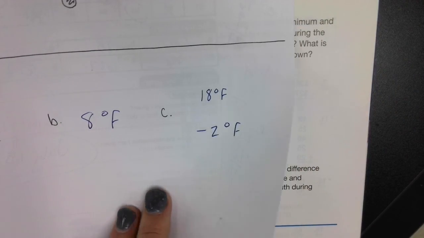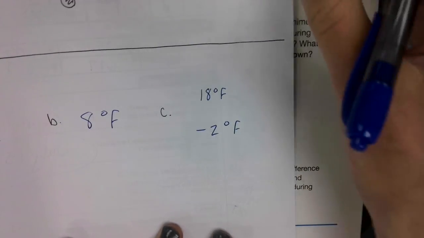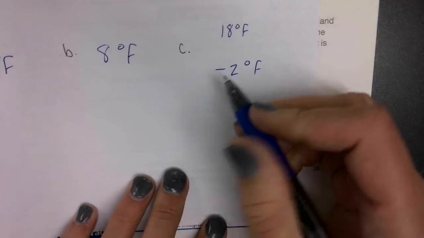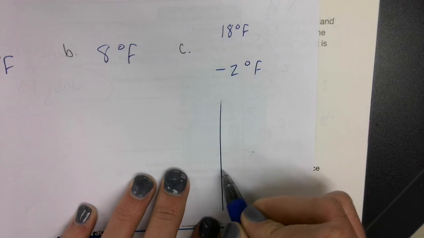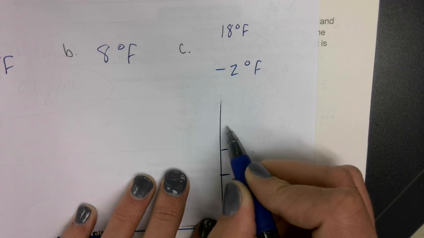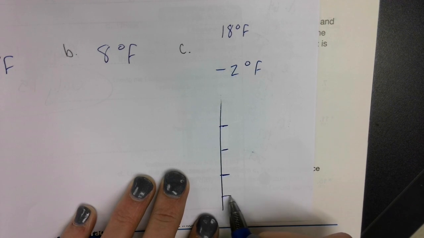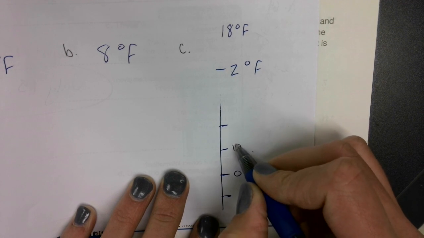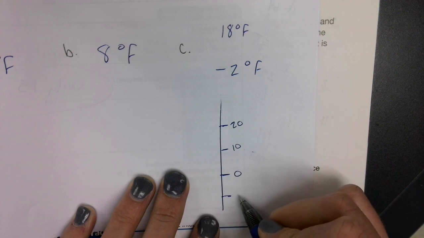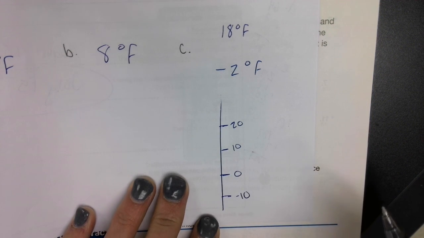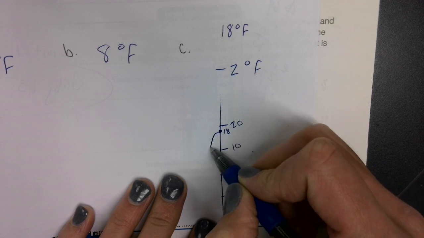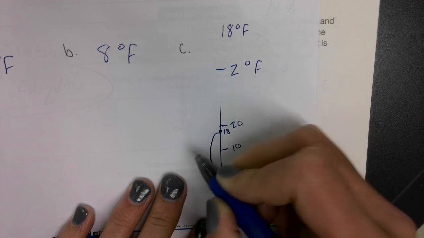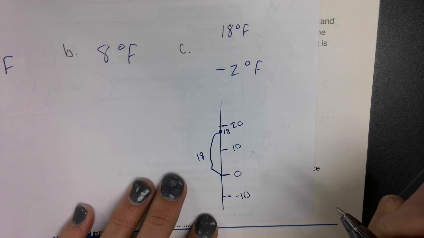Now we need to see how many degrees are between these two. So picture if we had a number line. Let's just say 0's here, 10's here, 20's here, and negative 10's here. Well, if we had 18 right here, from 18 down to 0 would be 18 degrees, right?